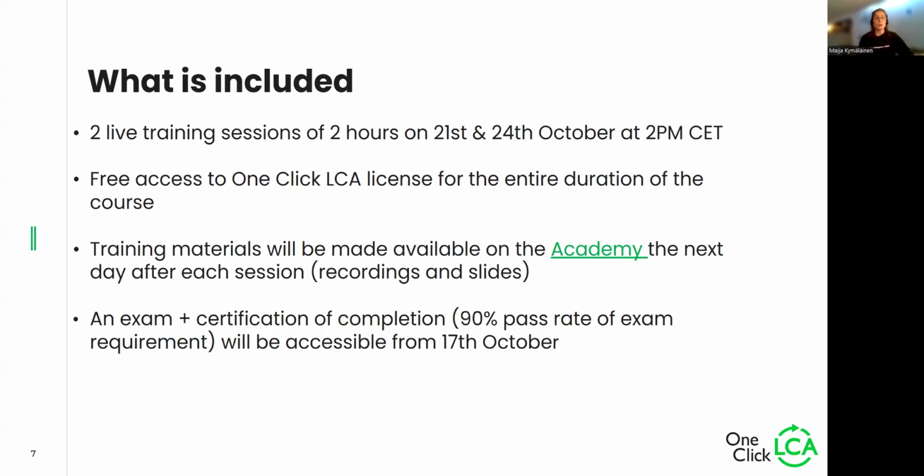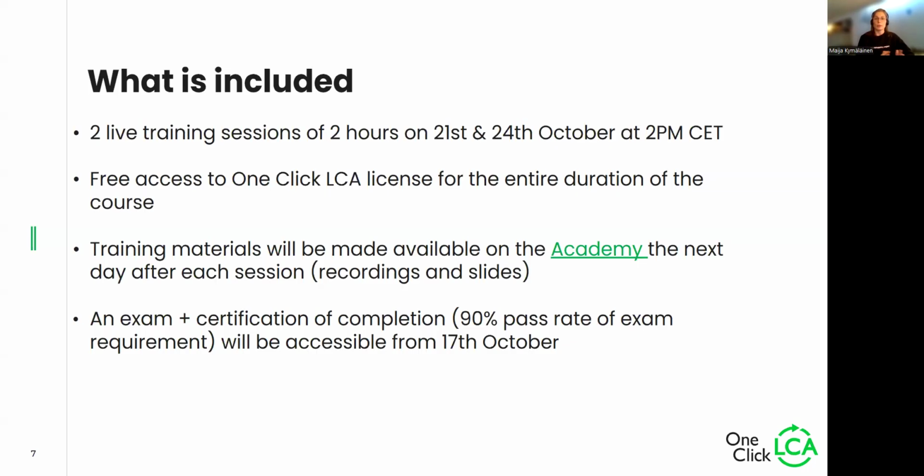So what we offer for you is a license to our life cycle assessment software. So this license is valid until the end of the contest, so until the end of June next year. So you will be able to do the assessments in your own time and return to them as you wish until the end of the contest when the license expires.